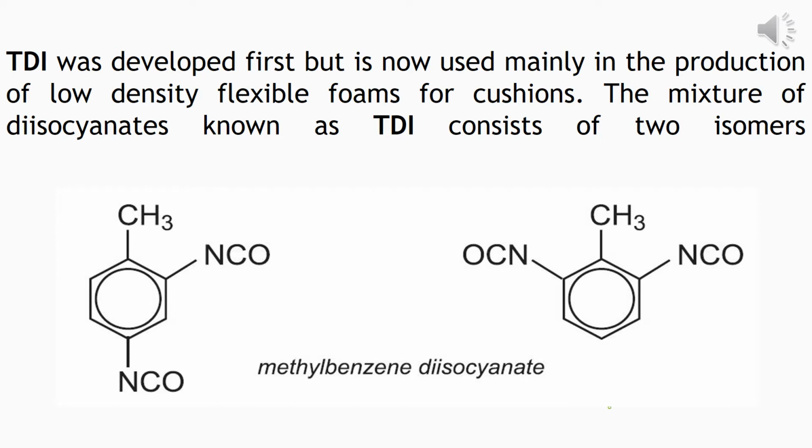TDI is in the form of these two isomers, and it is used for the production of low density flexible foams made for cushions.